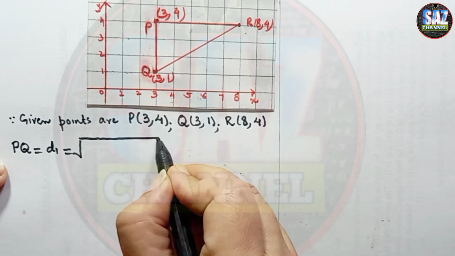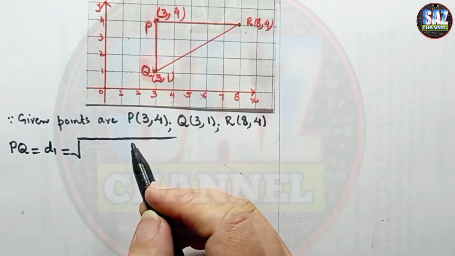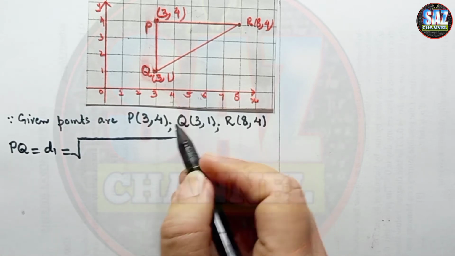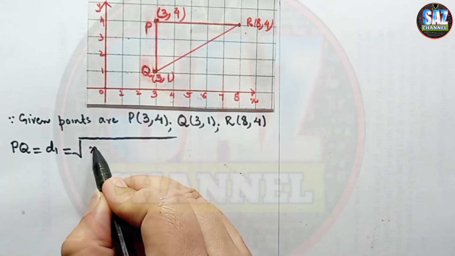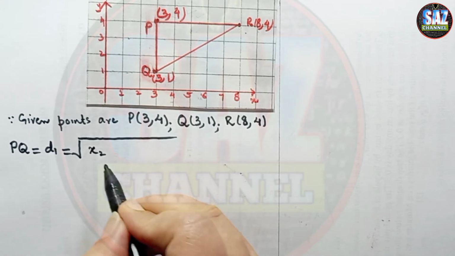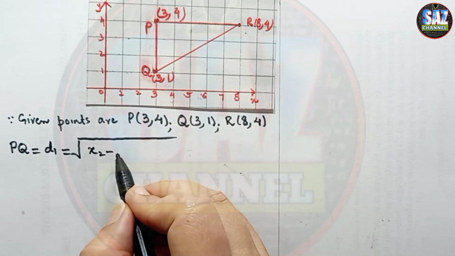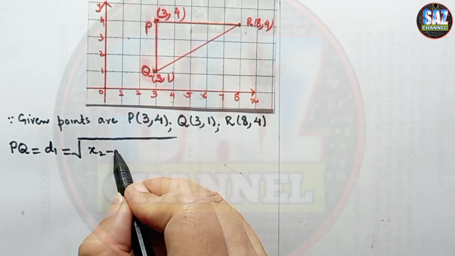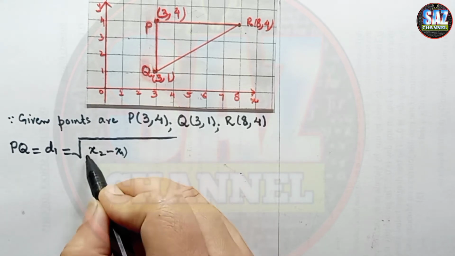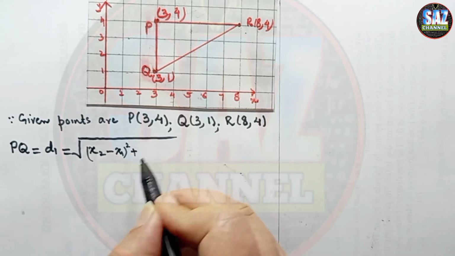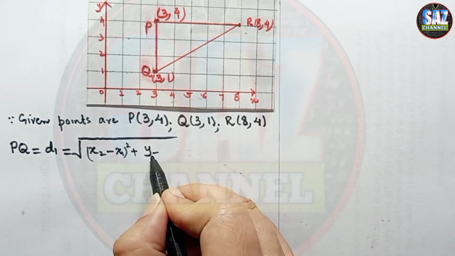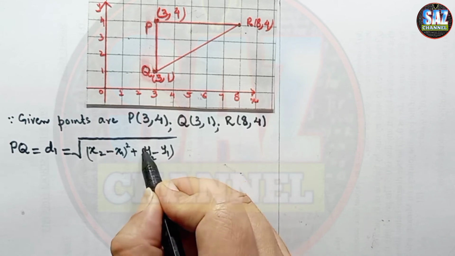Always support your working with the formulas and statements so that the examiner can understand your working easily. The formula is that we have to take the square root of the square differences of x coordinates and y coordinates: square root of (x2 minus x1) whole square plus (y2 minus y1) whole square.